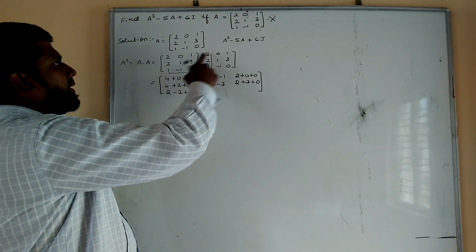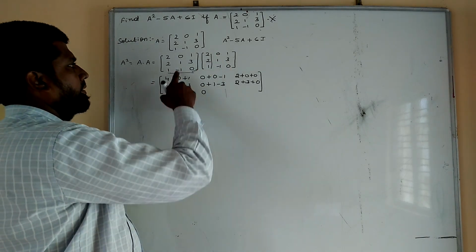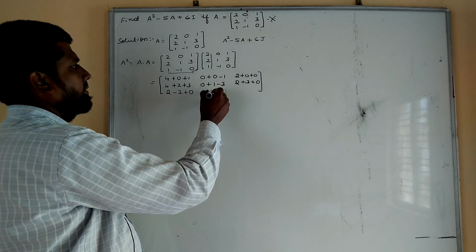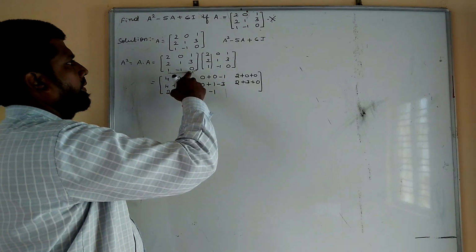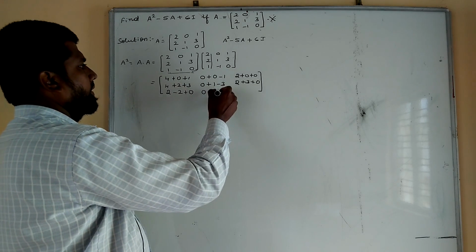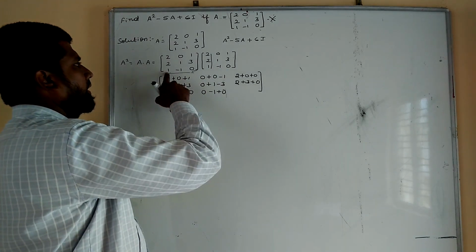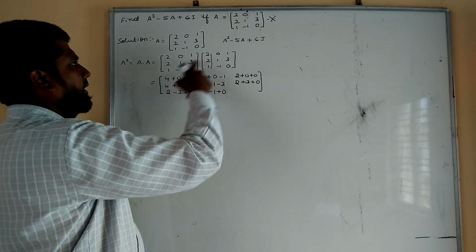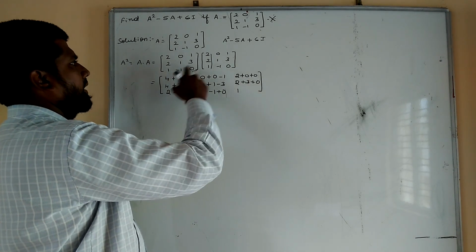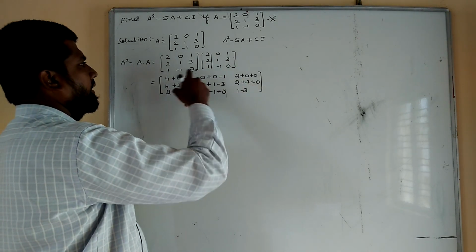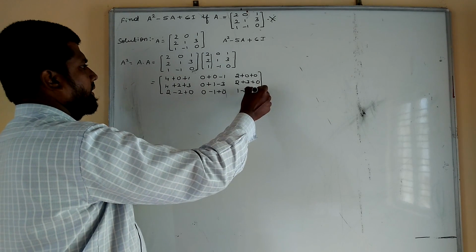So next, 1 into 0 is 0, minus 1 into 1 is minus 1, 0 into minus 1 is 0. Then third row, third column: 1 into 1 is 1, minus 1 into 3 is minus 3, 0 into 0 is 0.